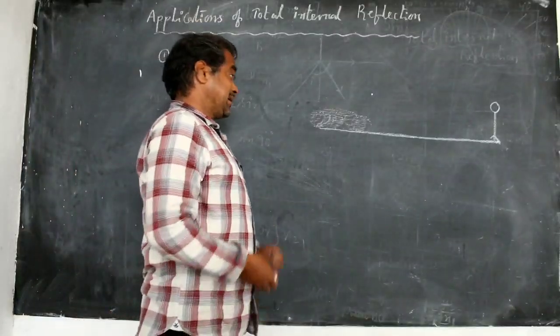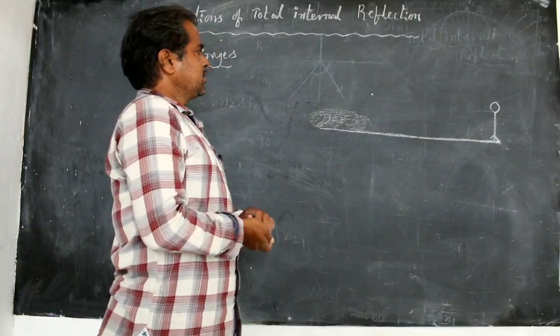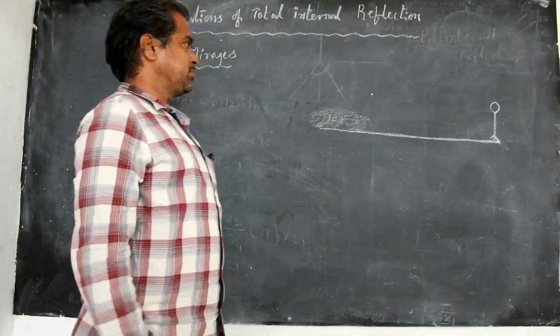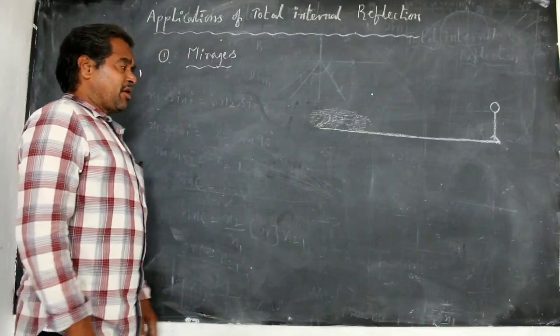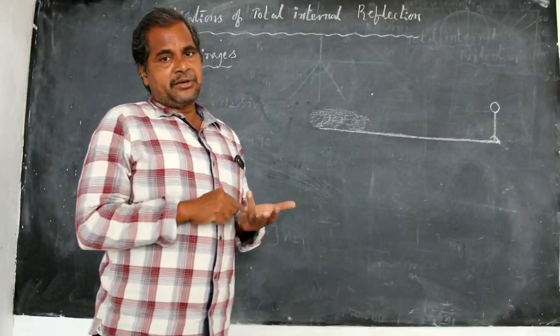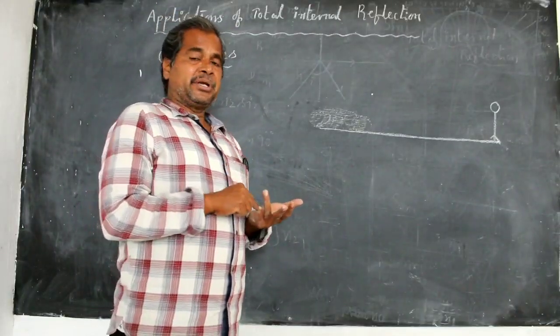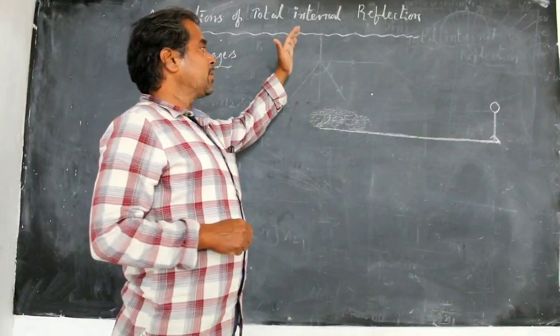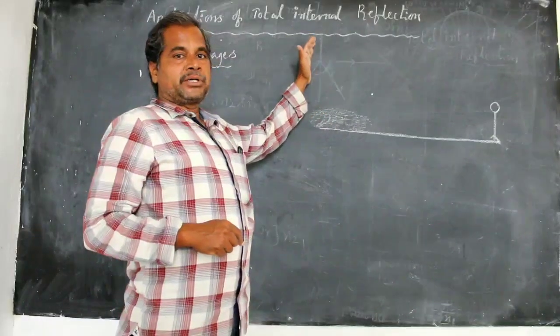Here total internal reflection occurs. Here only one medium is there, that is air. This is also a transparent medium, but at the same time it acts as a rarer medium and a denser medium. How is it possible? Due to the temperature of the environment.